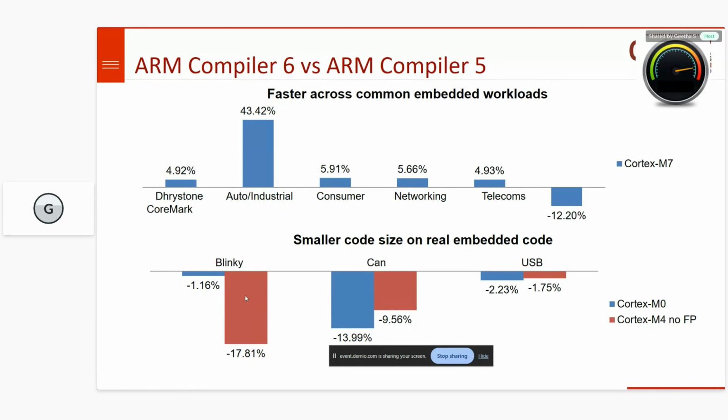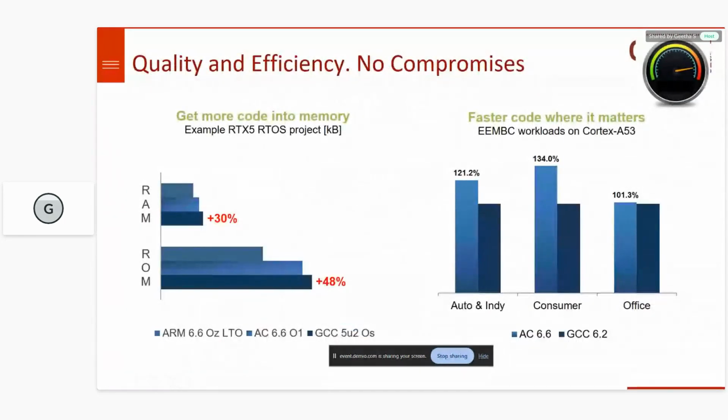So this big red color is M4 with no floating point unit. Here you can see for CAN they have done, for USB they have done. So absolutely zero compromise with quality and efficiency.